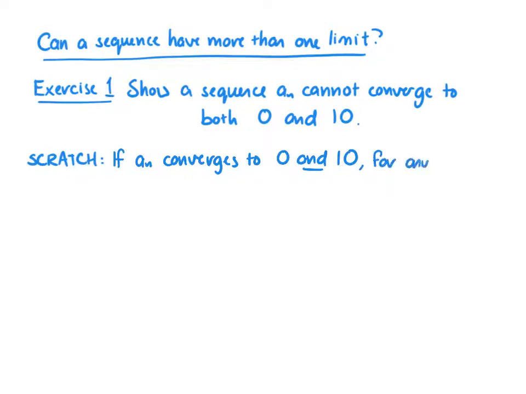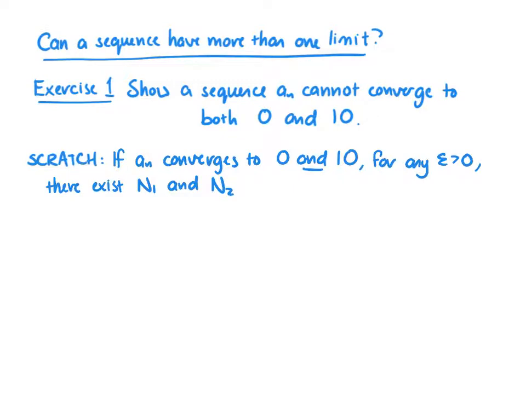For any epsilon greater than 0, there exist, I'll call them N1 and N2. So the capital N's here are different for 0 and 10, potentially. I don't know exactly how it works out, but for 0, I should be able to find a capital N, which I'm calling capital N1. For 10, I should be able to find a capital N, which I'm calling capital N2.